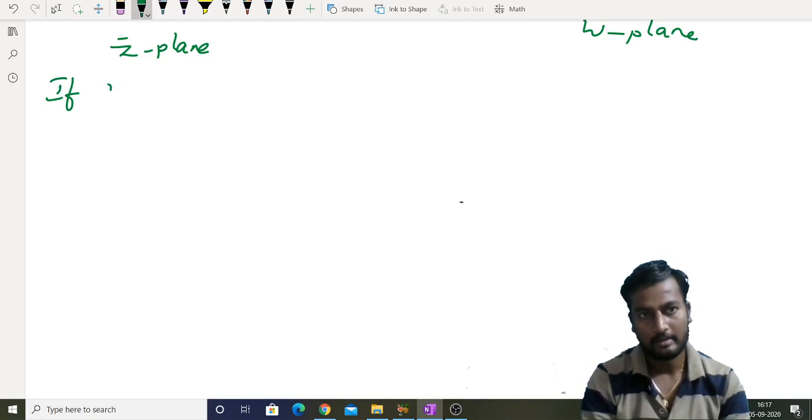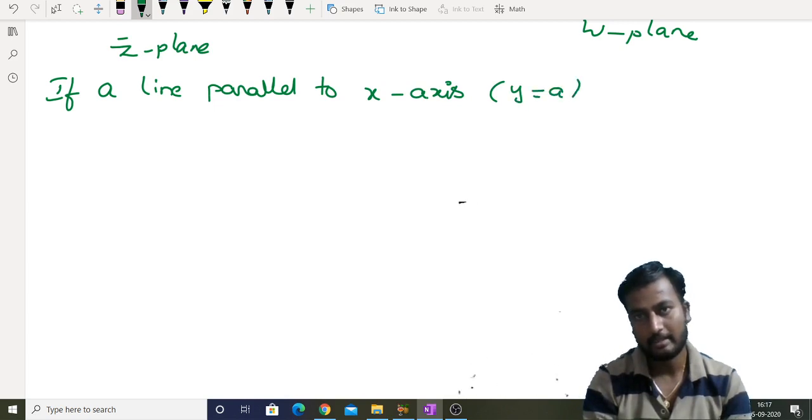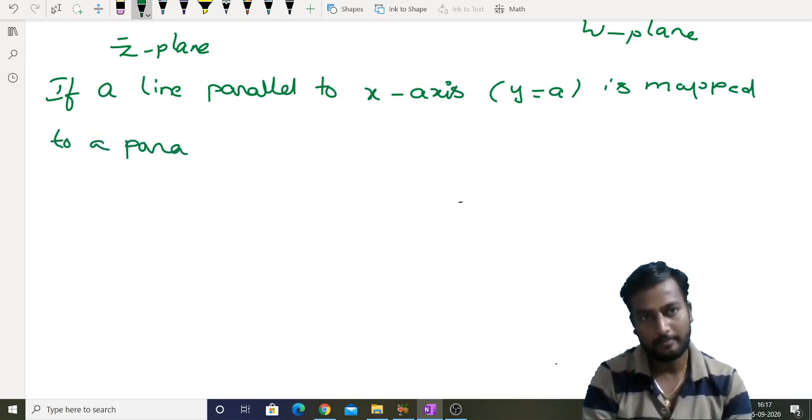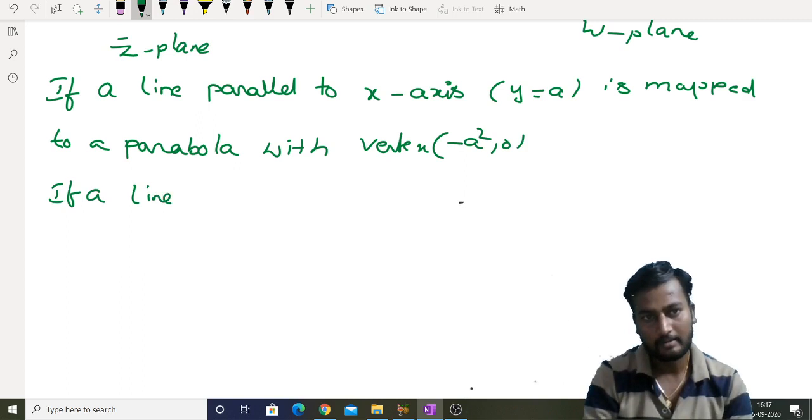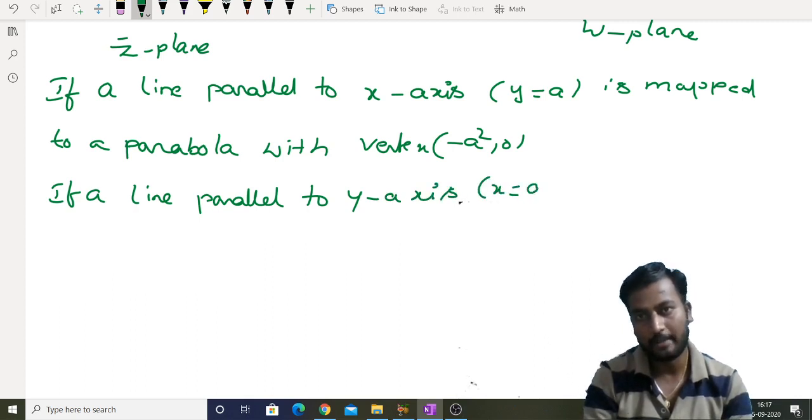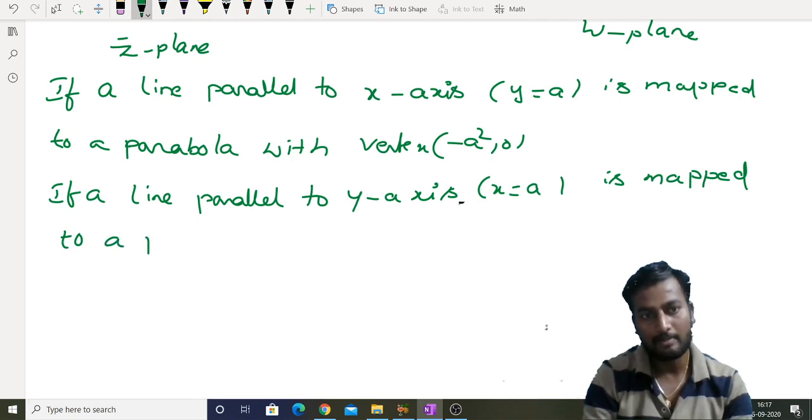Now what is the conclusion? If a line parallel to the x axis, that is y equal to a, is mapped to a parabola with vertex minus a square comma 0, and if a line parallel to the y axis, that is x equal to b, is mapped to a parabola with vertex b square comma 0.